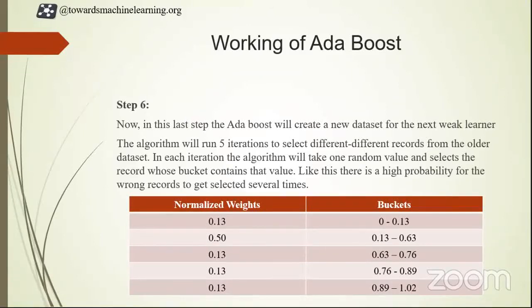Now this new data set is the training data for the next weak learner. It will be passing this data set to the next weak learner. As you can see, this misclassified record is targeted the maximum number of times. So most of the times this record is only selected in that data set.